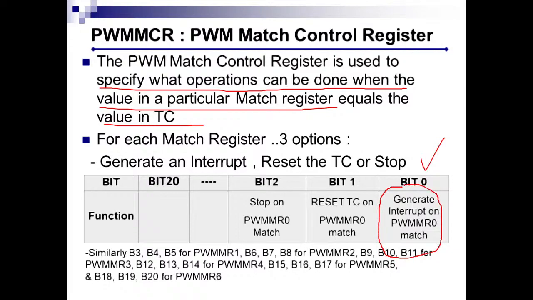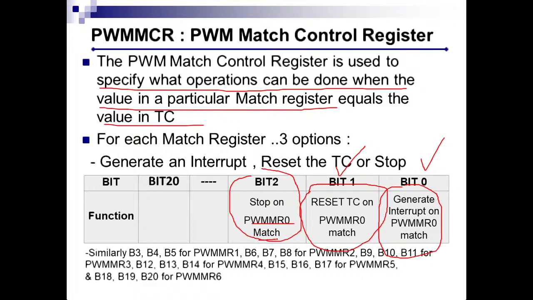So if you set bit 0 of PWM MCR, then you want to generate an interrupt at every match, right? Then if you set bit 1, then you want to reset the timer counter on PWM MR0 match. That means you want to reset the timer counter register. And if you set bit 2, that means you want to stop the timer whenever the matching occurs.